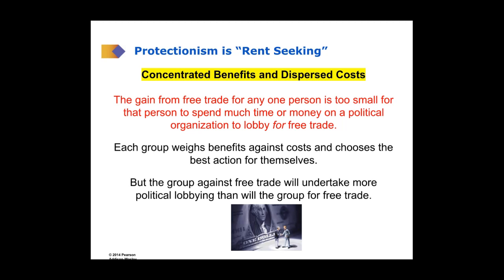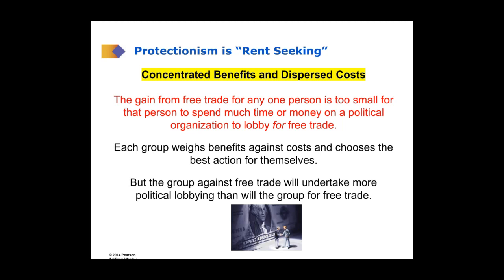And so we have this imbalance in the system. The benefits to consumers are great, but they're widely dispersed, so individual consumers are not really going to take a lot of actions to promote free trade. The benefits to producers are very concentrated, so it makes economic sense for them to go through the trouble of using political activity to get trade restrictions, import quotas, and tariffs.